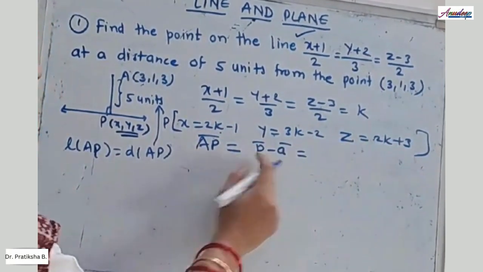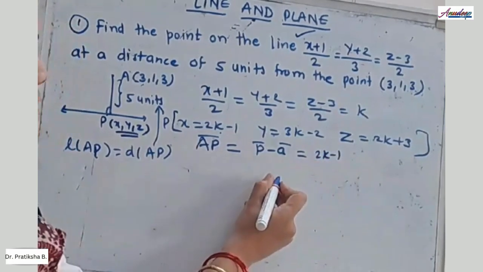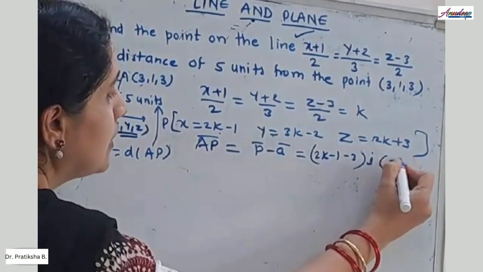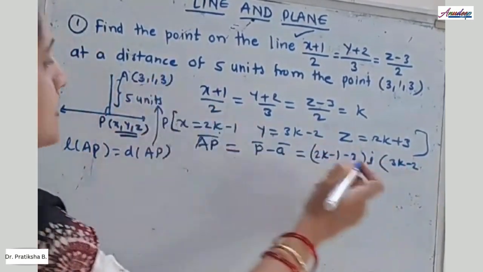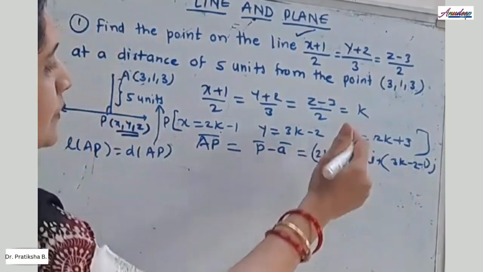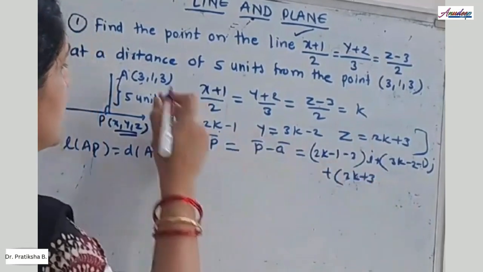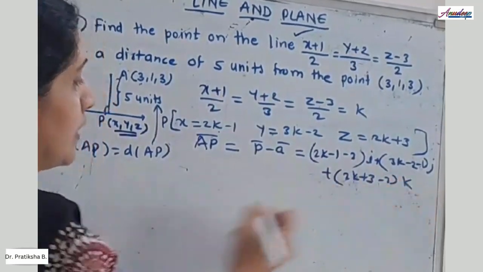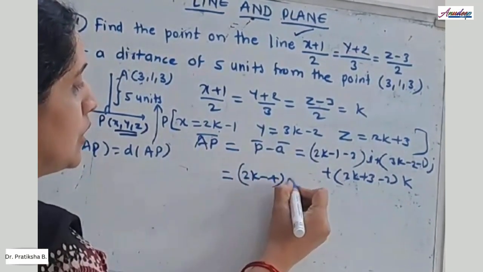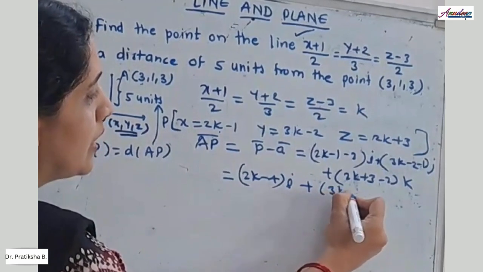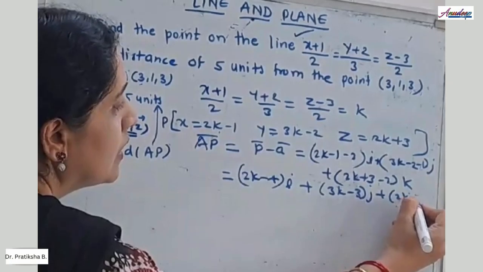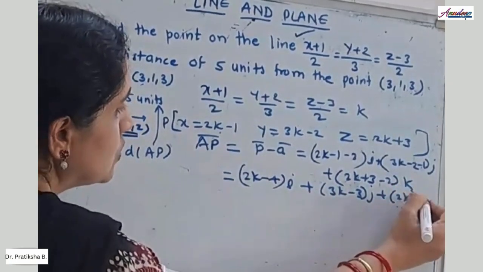So p minus a will be (2k minus 1 minus 3) into i, plus (3k minus 2 minus 1) into j, plus (2k plus 3 minus 3) into k. When I work it out, it is (2k minus 4) i plus (3k minus 3) j plus 2k k.